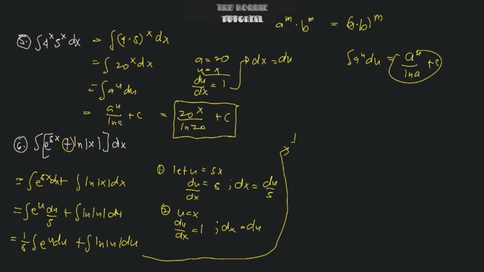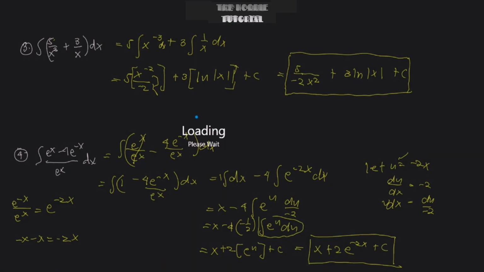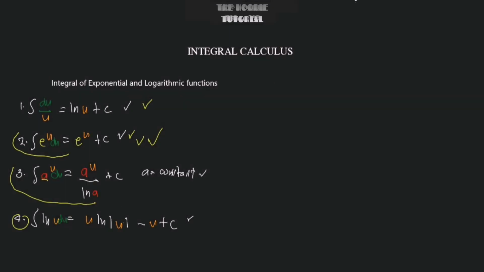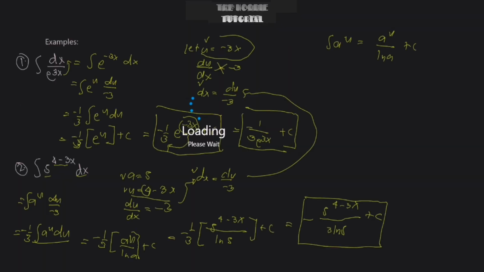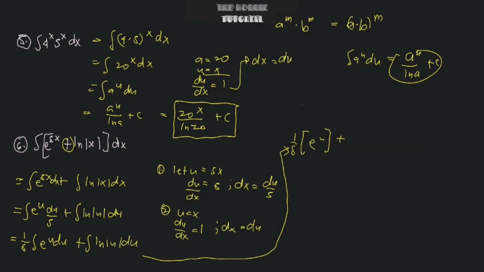That will become 1/5, and then the integration of e^u du is just equal to e^u, plus the integration of ln u du, which is what we have in the fourth rule: u ln u minus u plus c. Wow, that's long. That would be plus u ln u minus u plus c.